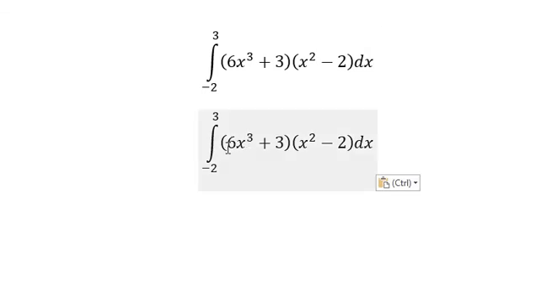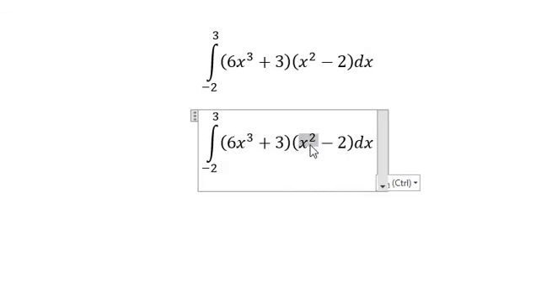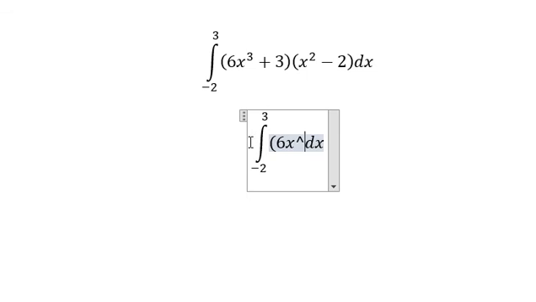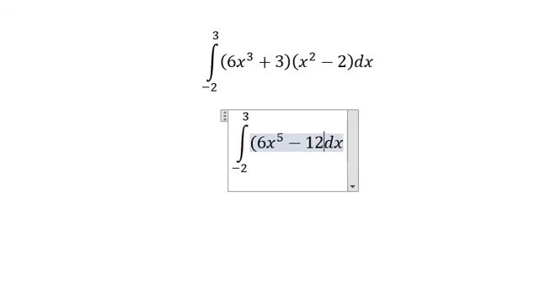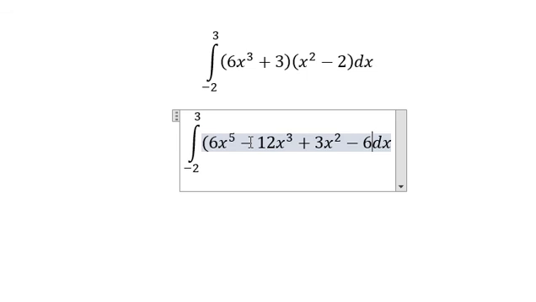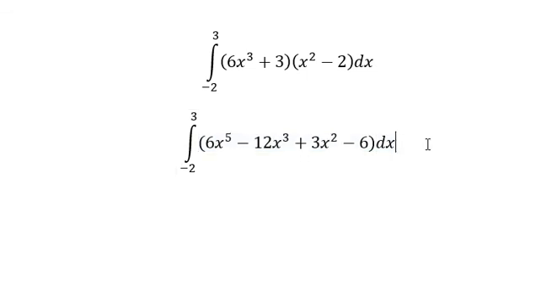In this situation, we multiply this one with s squared minus 2, 3 with s squared, and negative 2. So you get a new one. And now we will get the final answer.